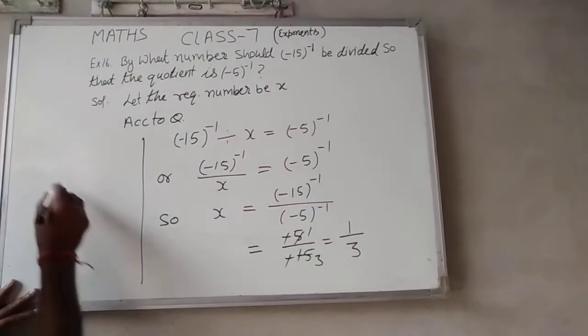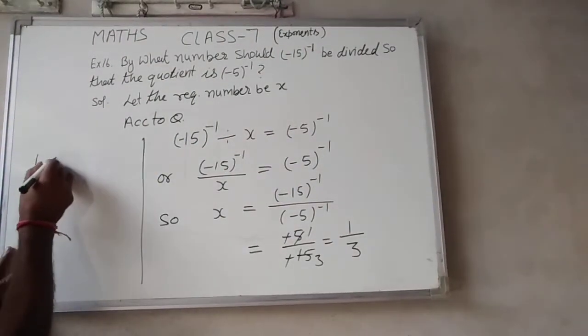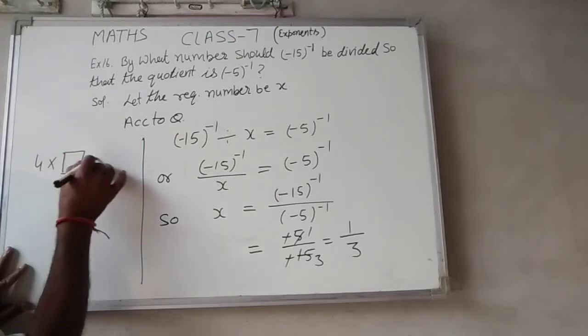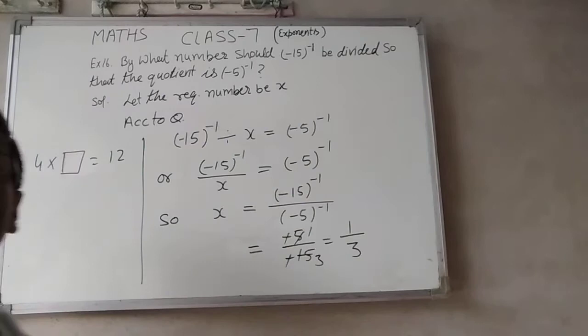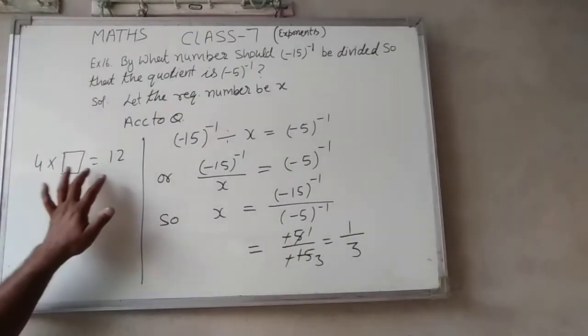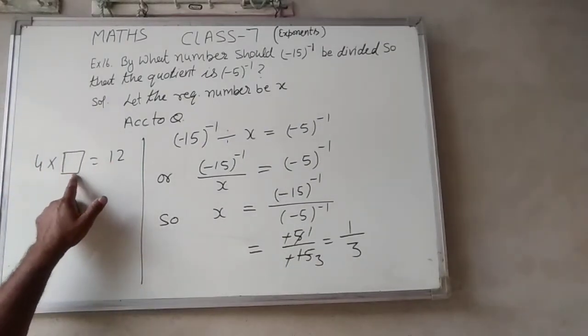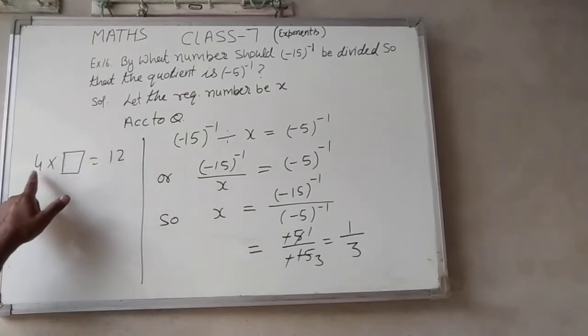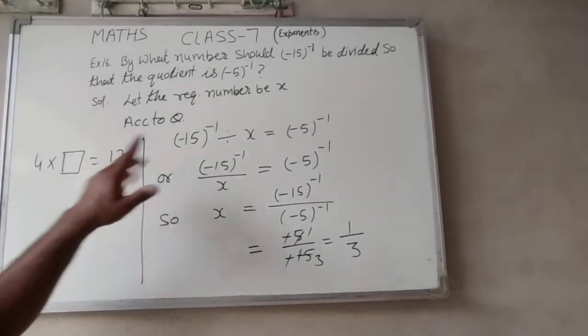Suppose he is asking by what number we have to multiply 4 to get 12. To get the missing number, we divide the product by the given number.